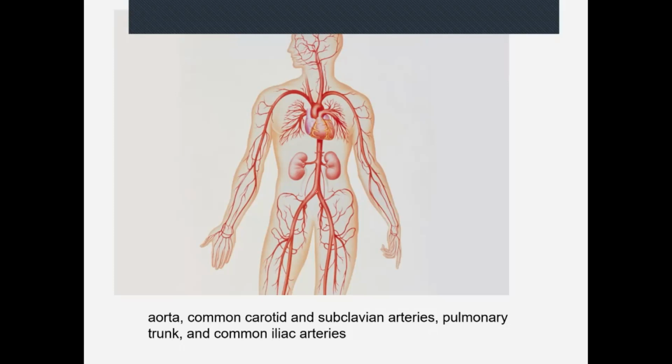The descending part is separated in two by the diaphragm, the thoracic part of the aorta and the abdominal part of the aorta. You discuss it in more detail in the anatomy of vessels, but you should know. And all aorta and common iliac artery, subclavian arteries, and common carotid arteries, and also here the pulmonary trunk, the biggest arteries of the body, and they are conductive.